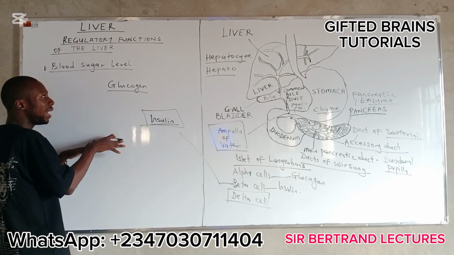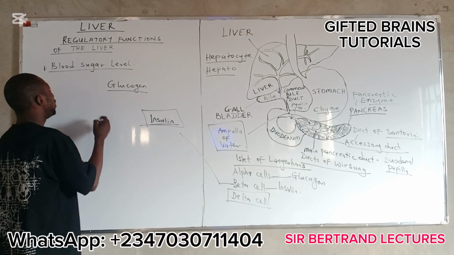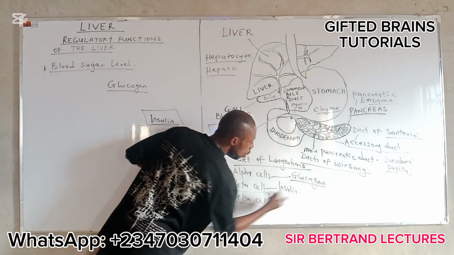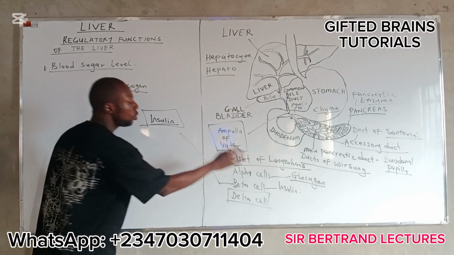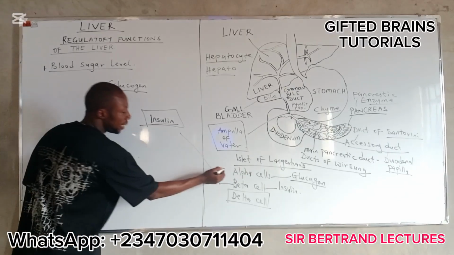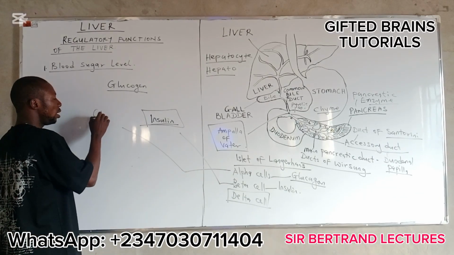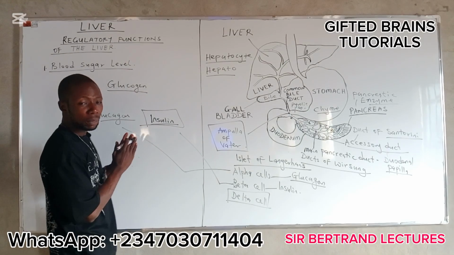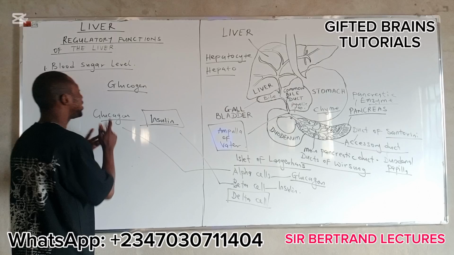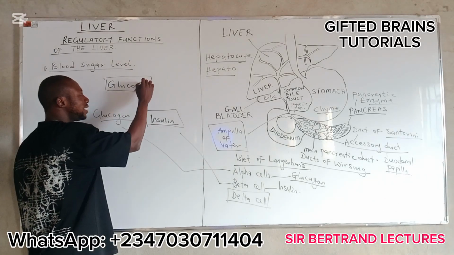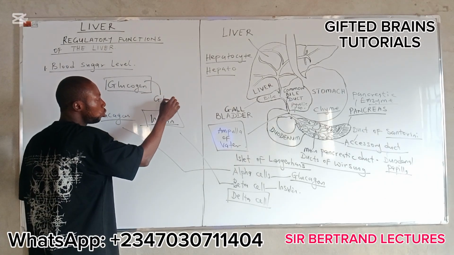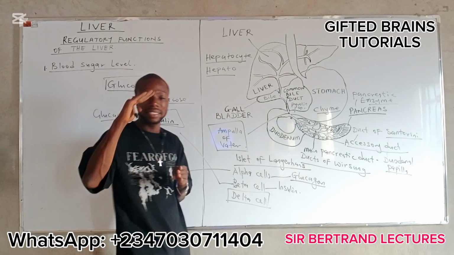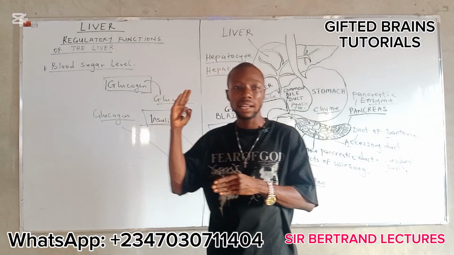Now, when there is low sugar in the blood, the liver responds to a hormone called glucagon, which is released by the alpha cells. The liver responds to the presence of glucagon by converting the already stored glycogen back into glucose. And by doing so, it will elevate the blood sugar level.